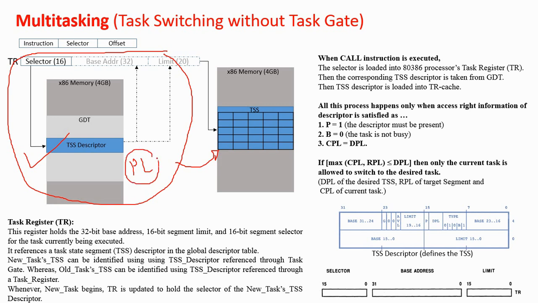Once the privilege level is checked, we get the TSS, then the context of the task will get saved into the TSS, and then the actual switching will happen, or the new task will get executed.